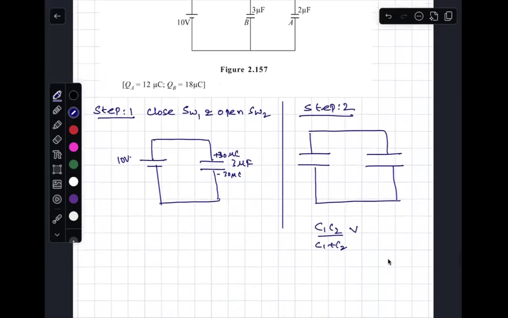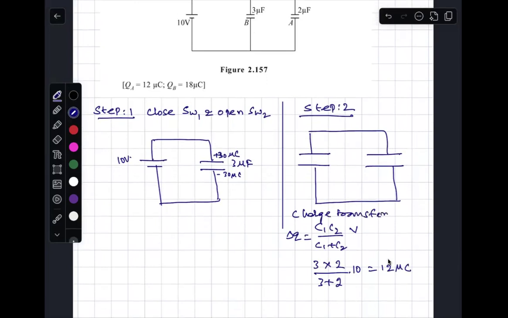C1 is 3, C2 is 2 microfarad, by 3 plus 2 microfarad, into V, 10 volts. This will be 12 microcoulomb. This is the charge transferred. So this will become plus 12 microcoulomb, minus 12 microcoulomb.